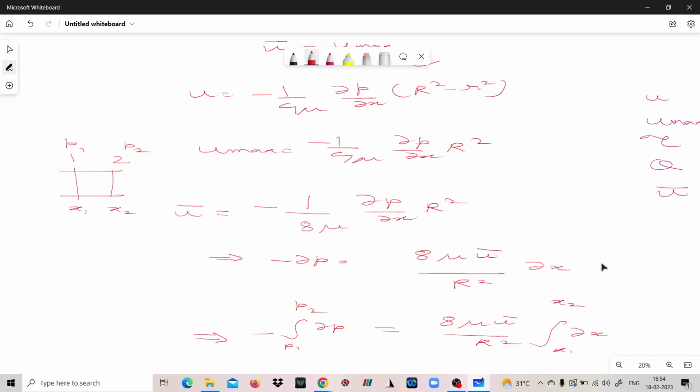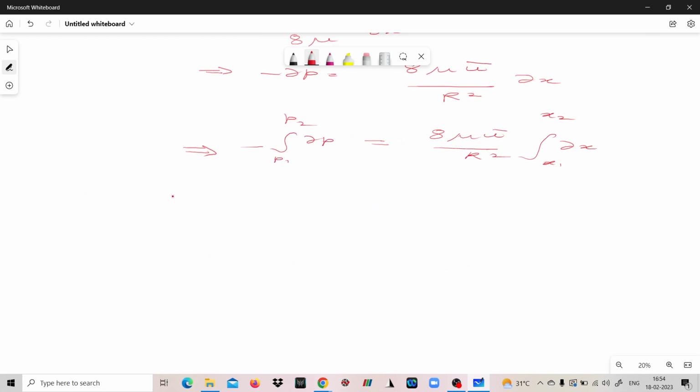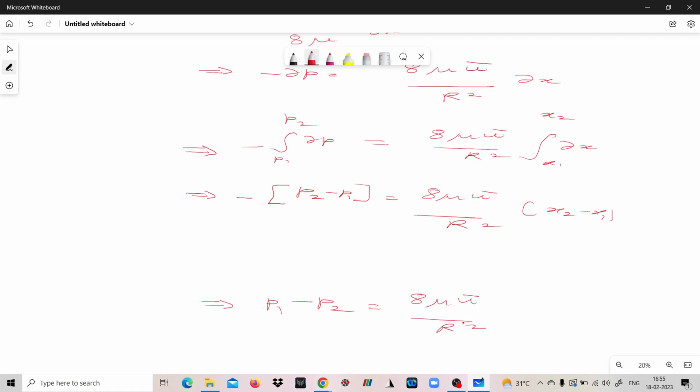Okay. Now there is a negative sign and this will amount to P2 minus P1. Okay, P2 minus P1 with a negative sign equals 8 mu U bar by R square, and here it will be x2 minus x1. Now P2 minus P1 with a negative sign is nothing but P1 minus P2, equal to 8 mu U average by R square into (x2 minus x1).